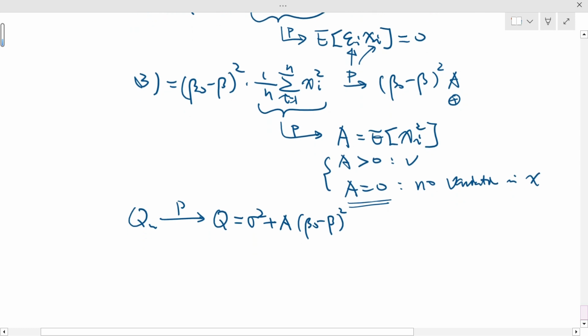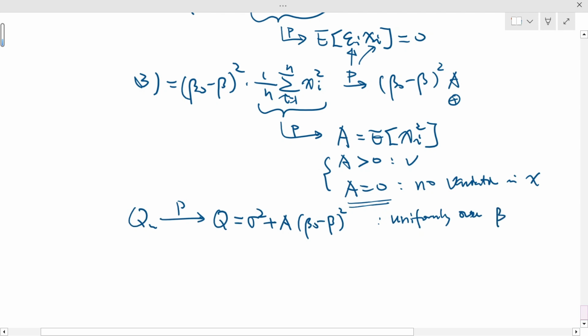Also observe that this convergence in probability does not depend on beta, so it is uniform over beta.